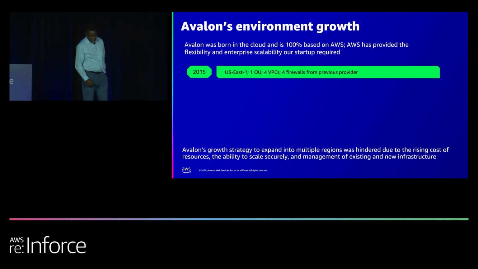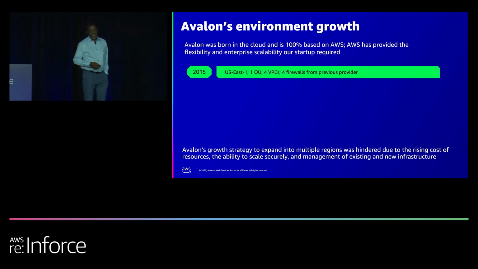2015, and what I want to do is walk you through over the years where we started and where we are today with our overall strategy. 2015, we started with one organizational unit and 4 VPCs, 4 firewalls.